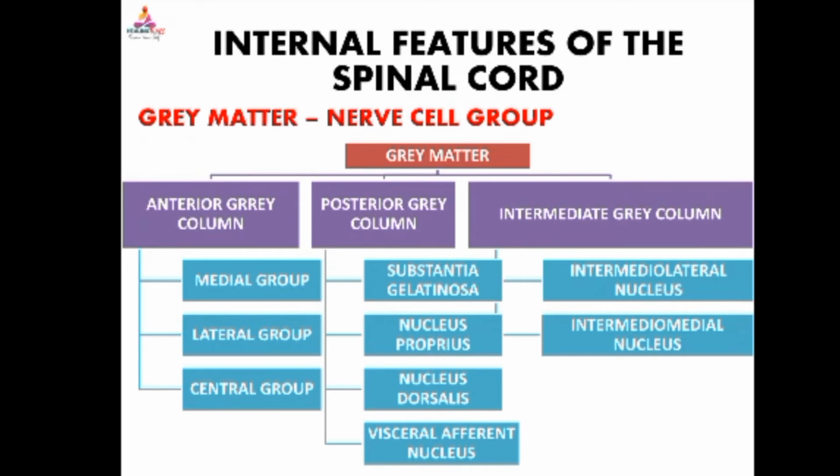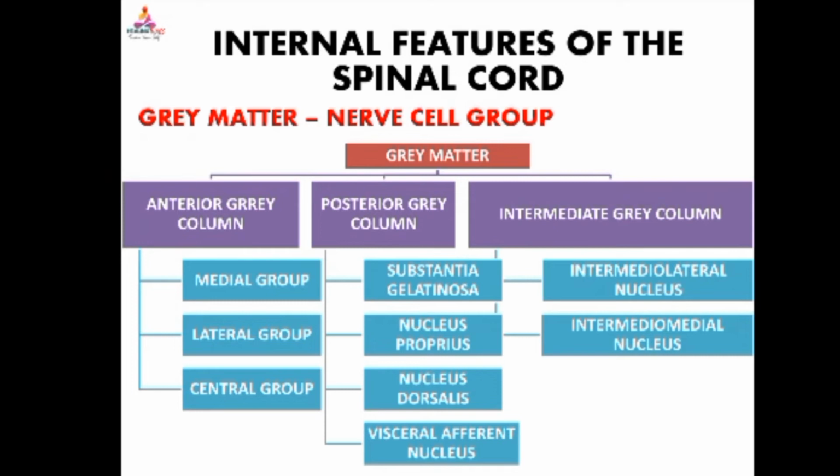Nerve cell groups in the gray column of the spinal cord are divided into the cell group in the anterior gray column, the cell group in the posterior gray column, and the cell group in the intermediate or lateral gray column. The anterior gray column is again divided into medial group, lateral group, and central group.